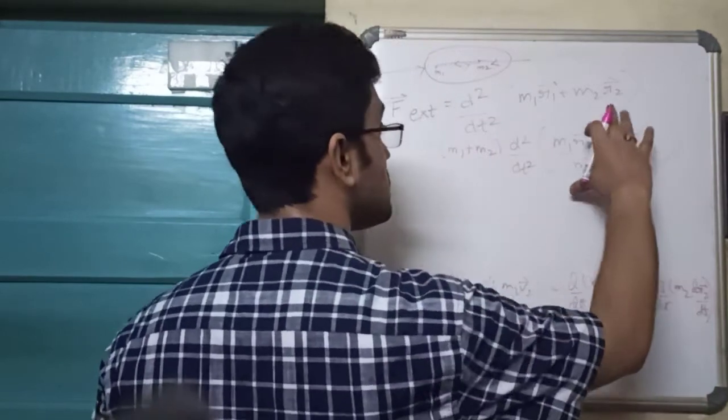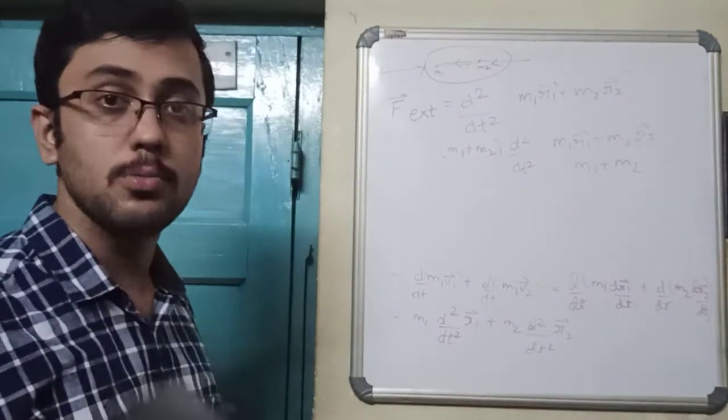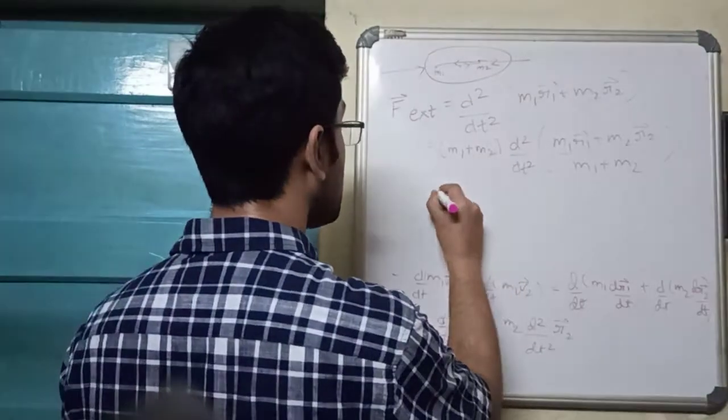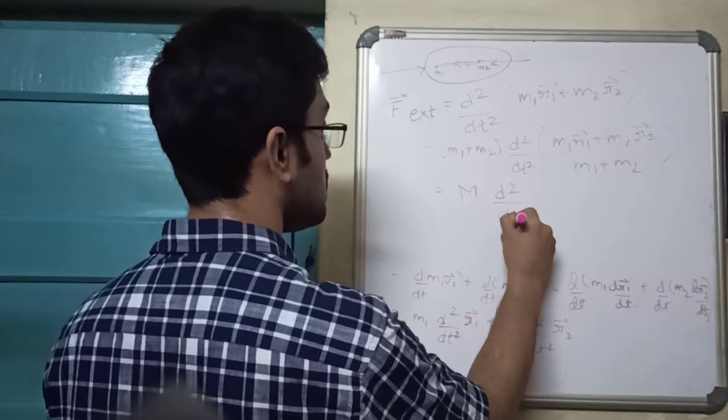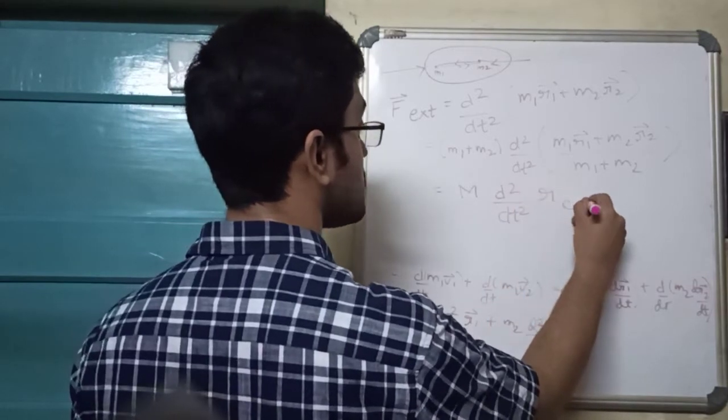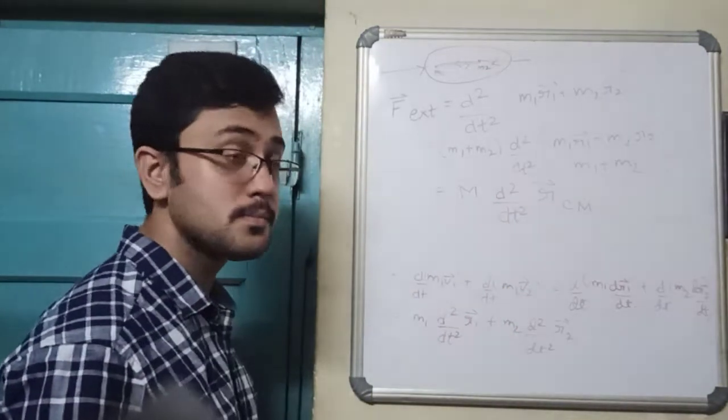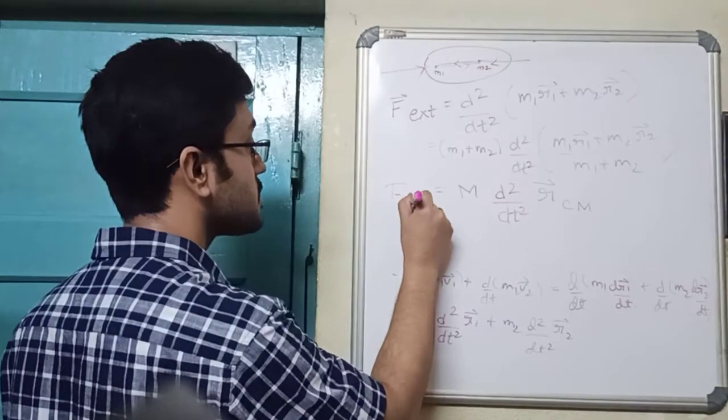Now if you remember, this is the expression for center of mass of a two-body system. So I can substitute that here, and this is the total mass of the system. So this becomes total mass times d2/dt2 of the center of mass of the system. And on this side we have the force external.